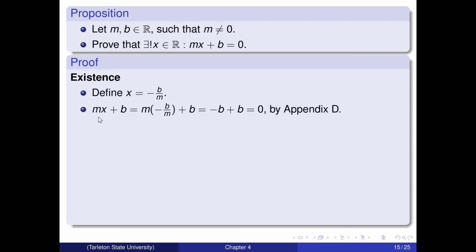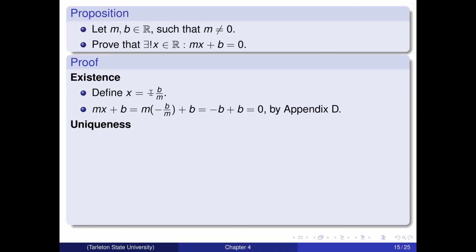We write mx plus b is equal to m times negative b over m plus b. We're just taking this value of x and plugging it in here. Appendix D allows us to do the algebra here. M times its multiplicative inverse gives us 1. 1 times negative b is negative b. And then negative b is the additive inverse of b, so when we add these together, we get 0. All of this follows from Appendix D. And then we're basically done at that point, right? We've shown the existence of a variable x that satisfies this equation. So now we're ready to show uniqueness.